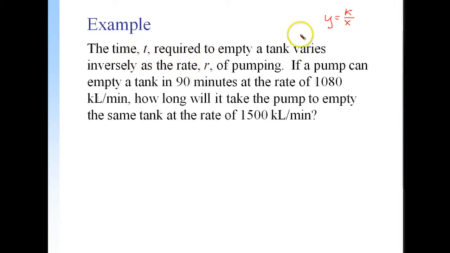So let's set this one up. Y in this case is going to be t for time, equals k over the rate R, and then this is your basic formula. What you have to find out is what is K. So if a pump can empty a tank in 90 minutes, there's our 90. We still need to find out what K is. At a rate of this much.